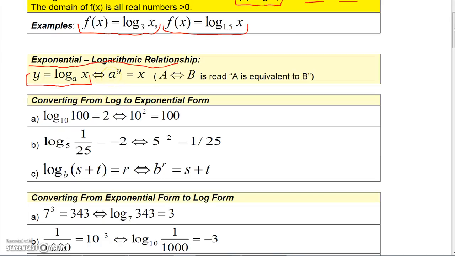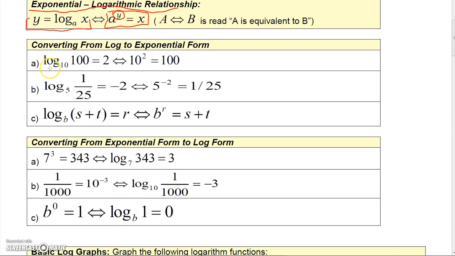Take the base, raise it to the y, and that's got to equal the argument x. So this y is actually an exponent in this expression, and that's what's true about logs. Logs really just represent exponents.